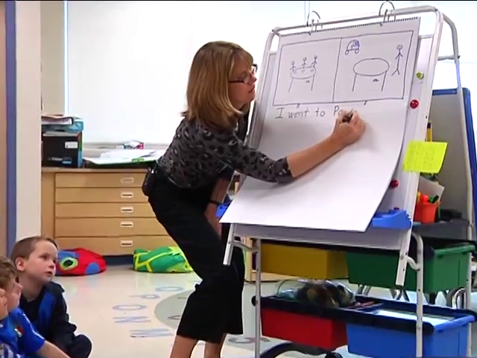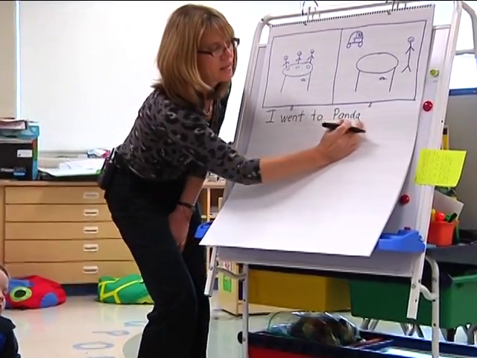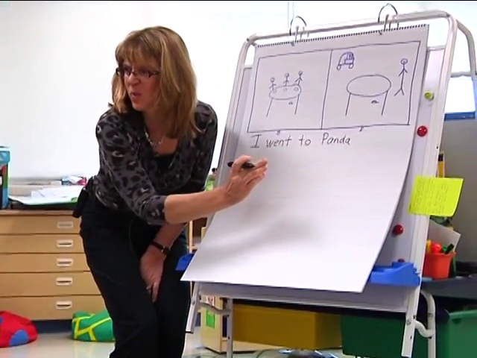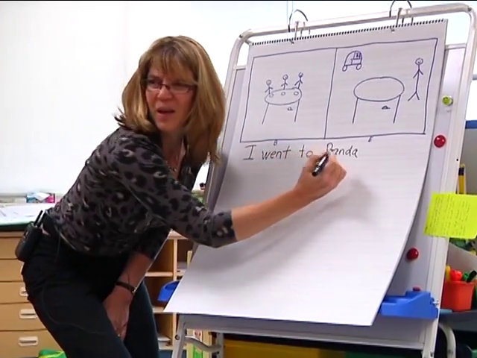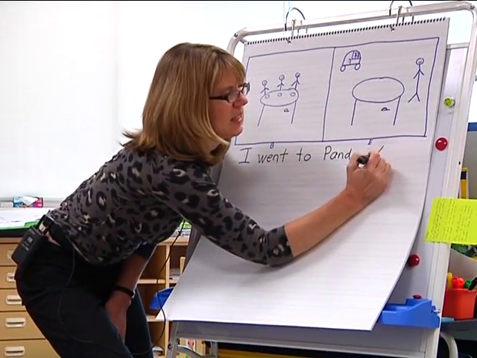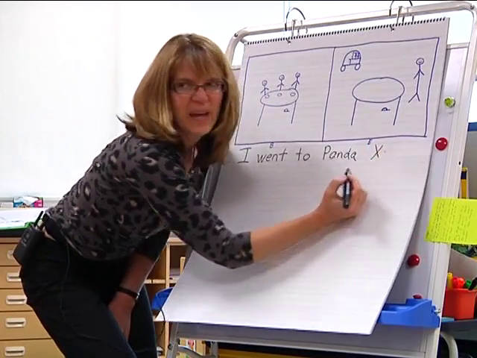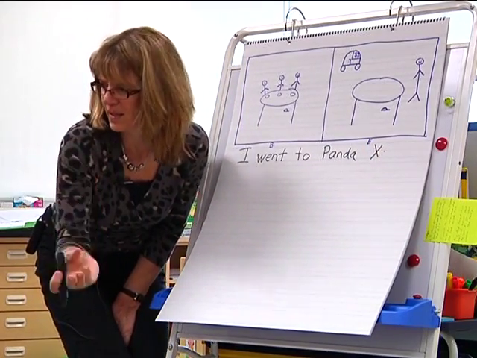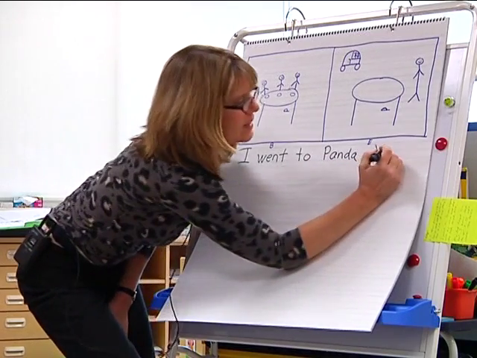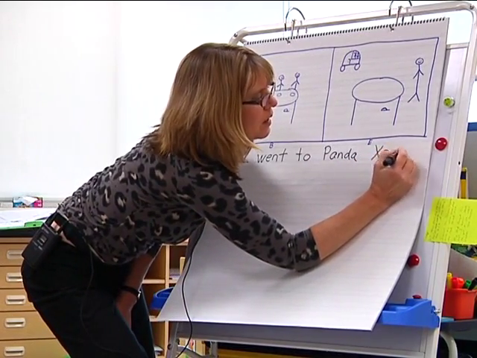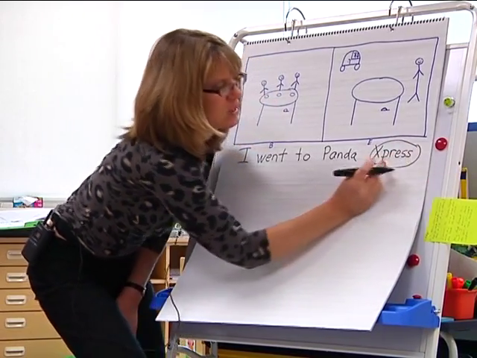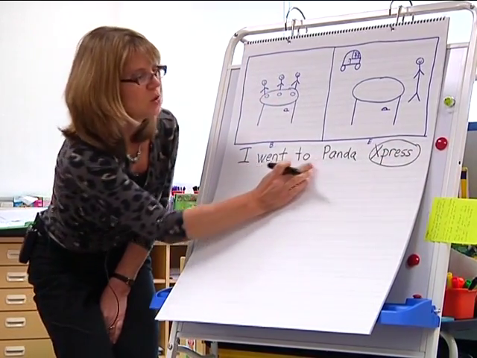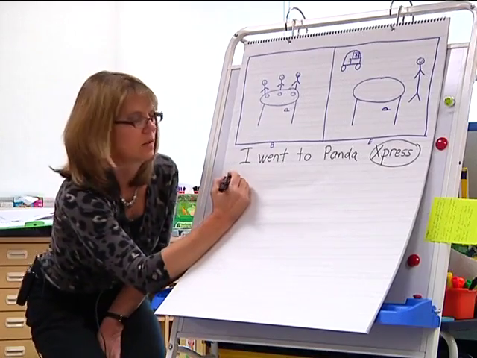And I went to Panda Express. What would you do with that word? Express. Should we say it? Express. I hear some S's in there too, yep. I'm not sure if I know how to spell that, so I'm going to circle it. I went to Panda Express.